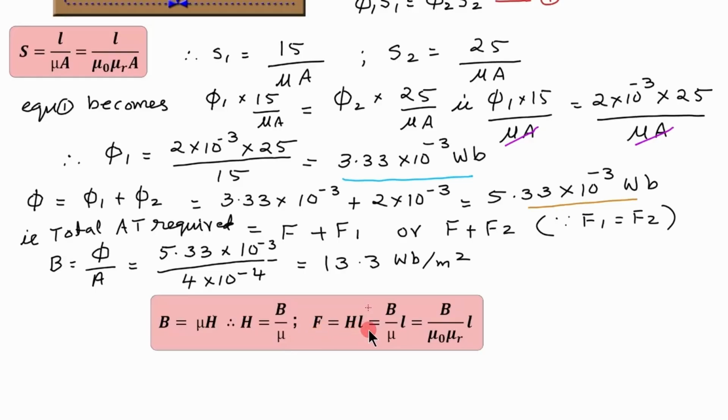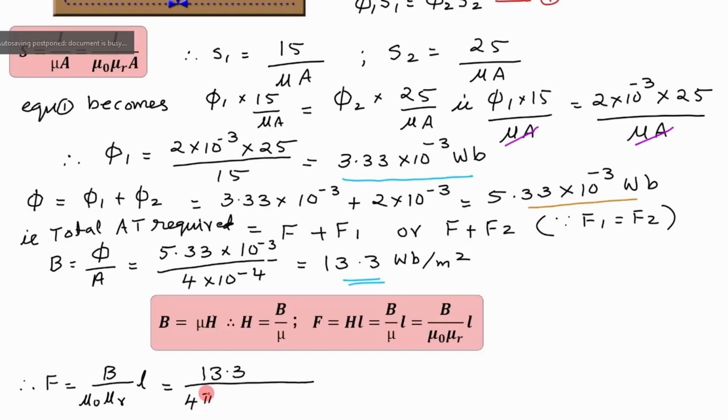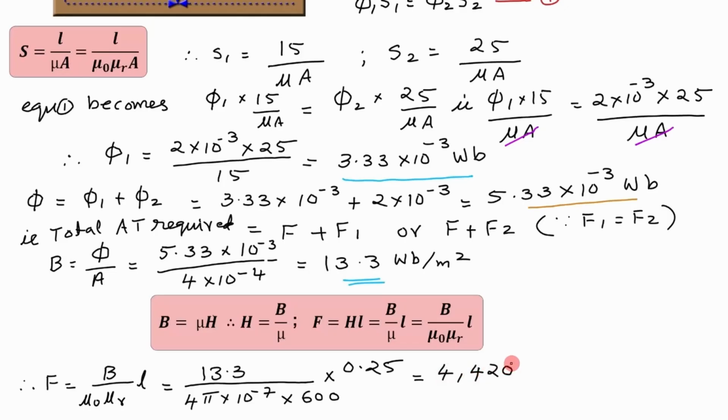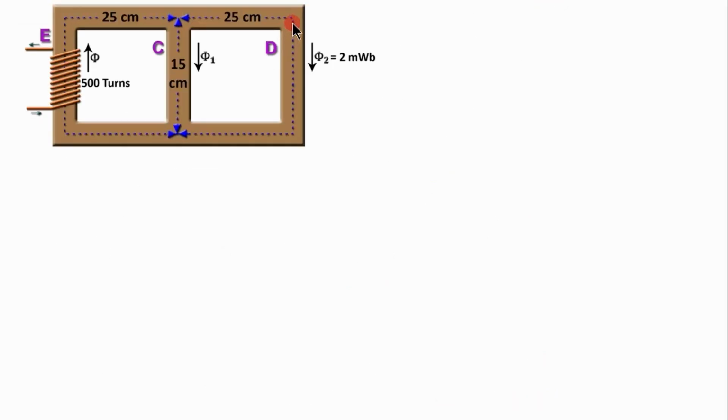MMF F is equal to H into L, but H is equal to B by mu, so F is equal to B by mu 0 mu r into L. Therefore, ampere turns required F is equal to B by mu 0 mu r into L, that is 13.3 divided by mu 0, that is 4 pi into 10 raised to minus 7, into relative permeability given as 600, into length 0.25, which is equal to 4420 ampere turns.